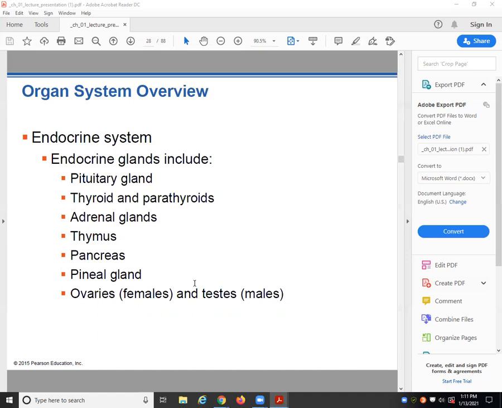The ovaries and the testes are parts of the reproductive system, but they're also parts of the endocrine system because they release hormones. The pancreas is part of the digestive system. It helps with digestion, but it secretes hormones, so it's part of the endocrine system too.